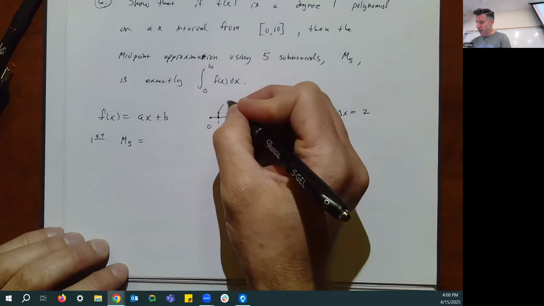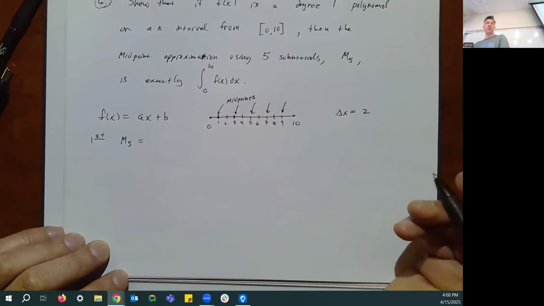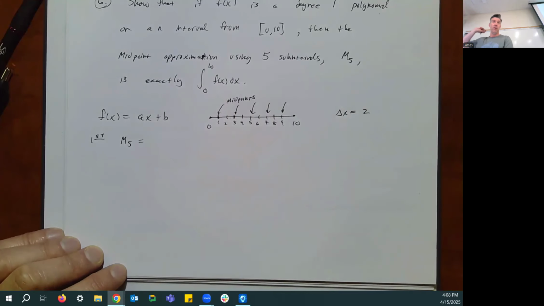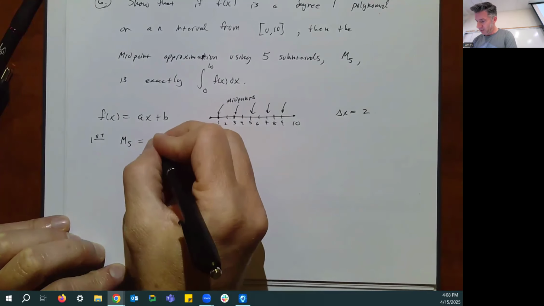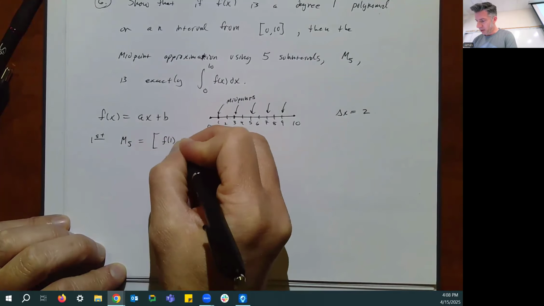So very broadly, the way we're going to calculate this is your delta x times f of each midpoint. So it's going to be f of 1 plus f of 3 plus f of 5 plus f of 7 plus f of 9, all times delta x, which is 2. So now we're going to calculate it. Our f of 1 is literally 1 times a plus b.